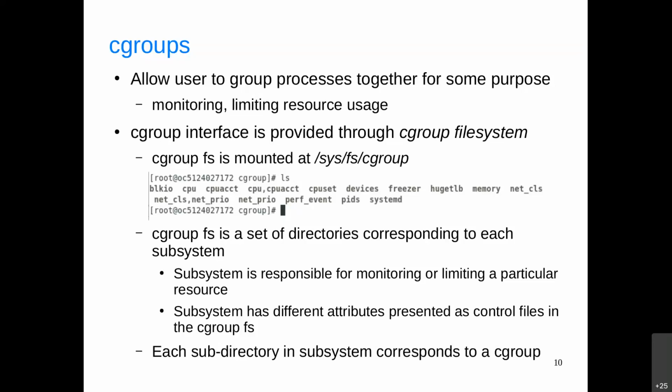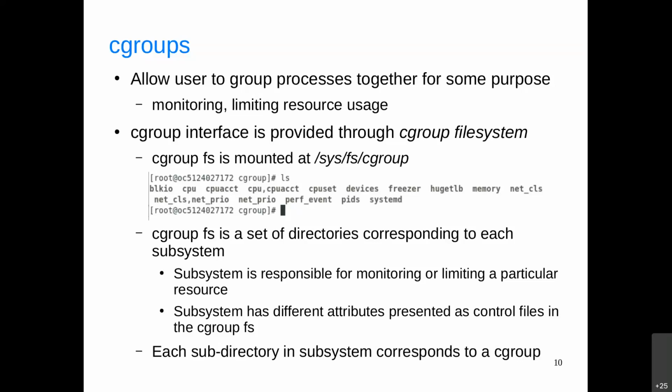If you go to that location, you will see a number of directories, and all these directories correspond to a subsystem. A subsystem is an entity in the Linux kernel which is responsible for handling a particular resource. And each subsystem has a number of attributes which provide you accounting information for that resource or provide you with the ability to limit the usage of that particular resource.